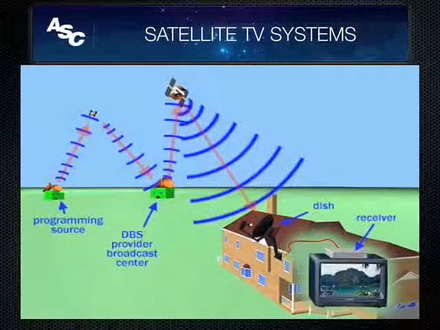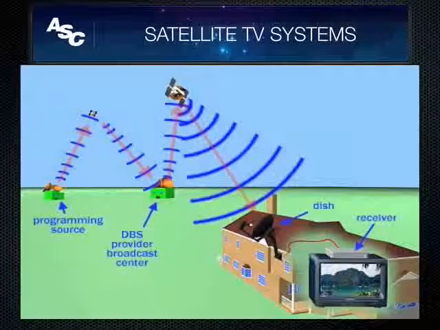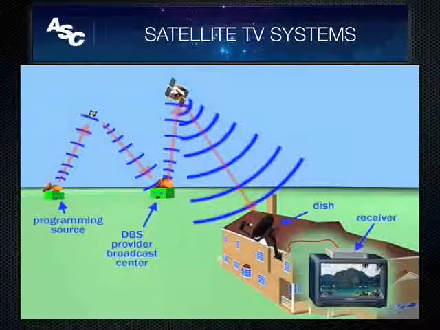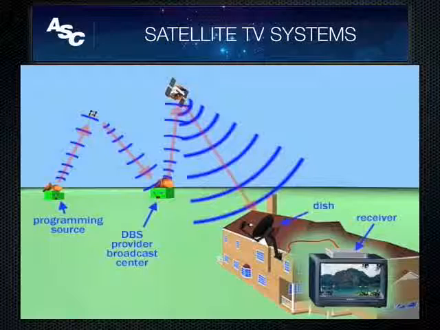That signal is received by a dish typically mounted on the roof. There's then cabling connecting the dish to a set-top box, the receiver, and then the receiver is connected to the TV, and the TV displays the TV channel. So that's how all of these channels get to a household.